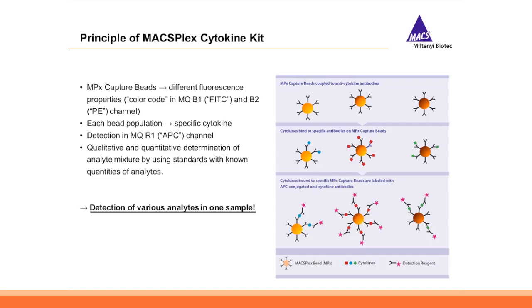Besides the qualitative determination of the analytes, we can also perform a quantitative determination by using standards with known quantities of analytes. I will give you more information on the next slides regarding this. All in all, we can say that we can detect various analytes in only one sample by using our color-coded plex beads.